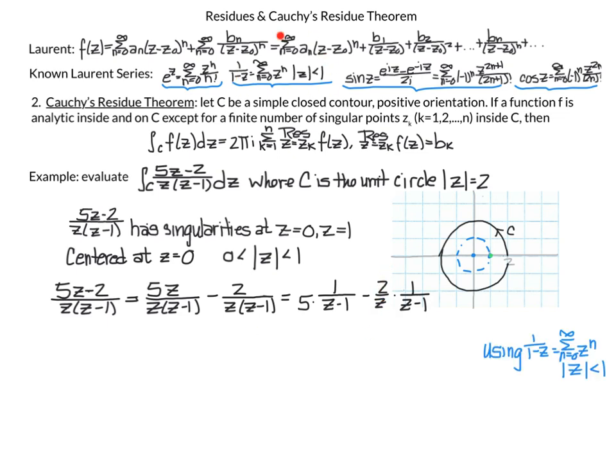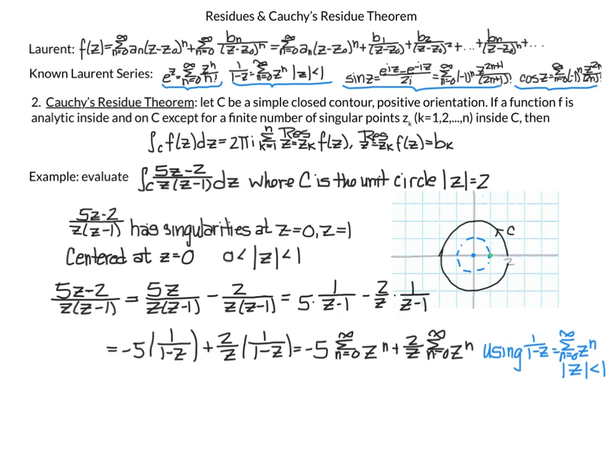I'm going to bring down this formula here of our known Laurent series just for easier reference. Comparing these fractions to 1 over 1 - z, they're both almost what I want, but I need the one to be positive, so I need to introduce a negative sign. And that's what I've done in this step. So I have a negative 5 now, 1 over 1 - z.